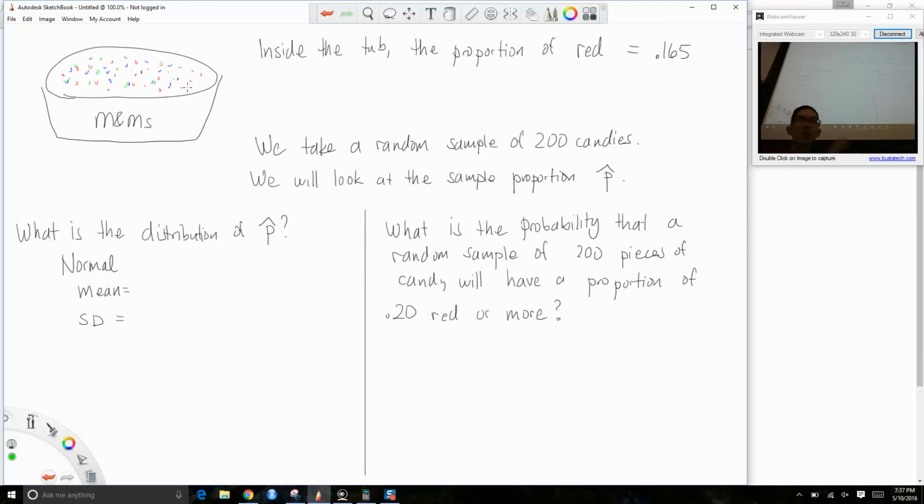Does that question make sense? All right. And you're going to basically use the central limit theorem, or this information on the previous slide, to answer this question. So go ahead and try that out. I'm going to pause the video. If you're watching on YouTube, I would advise you to pause it so you can work on it as well.